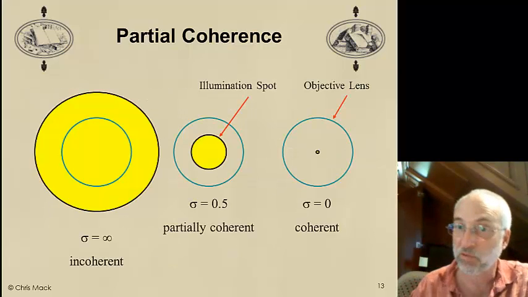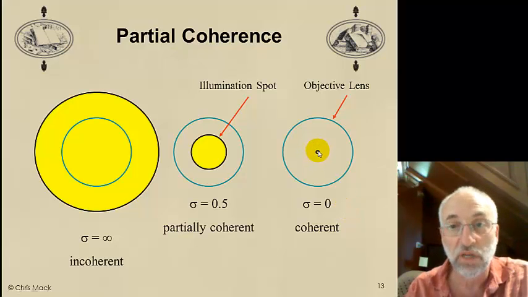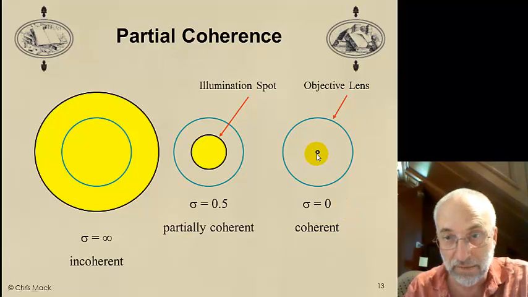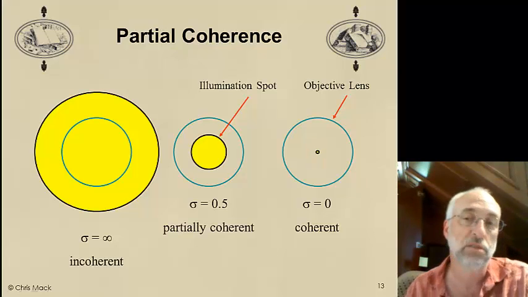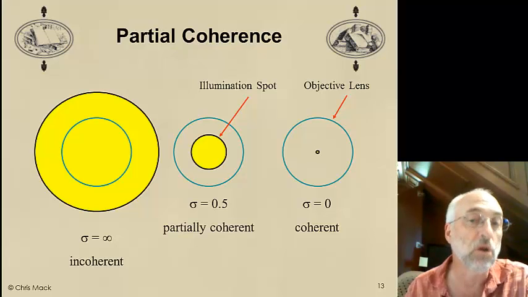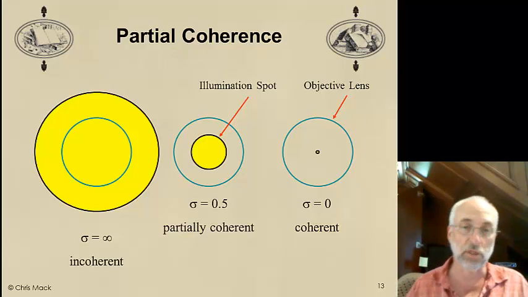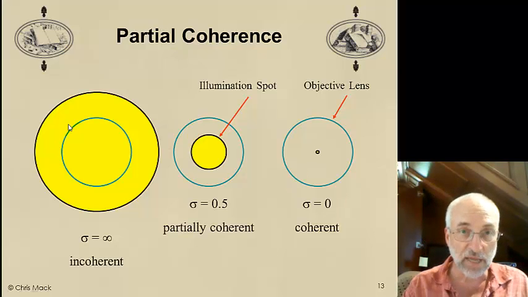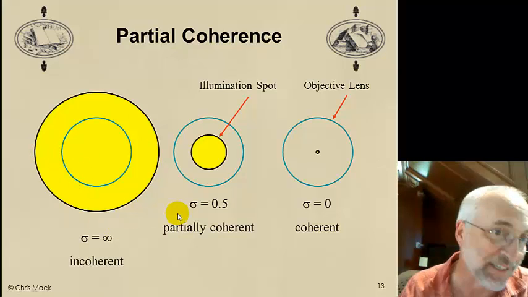What are the possible ranges? Well, it's possible to have sigma of 0. If I have sigma of 0, the diameter of my spot goes to 0, and I've got point source illumination. So this is what we've called already coherent illumination. Sigma equal to 0 is the same as coherent illumination. At the other extreme, if I let sigma go to infinity, I didn't quite draw it as infinity here, right?